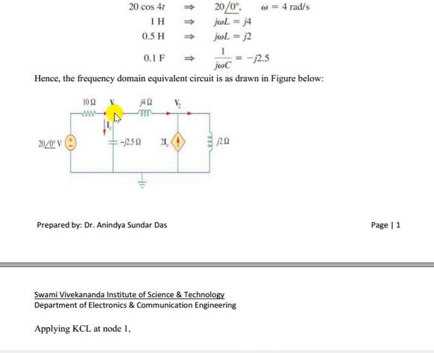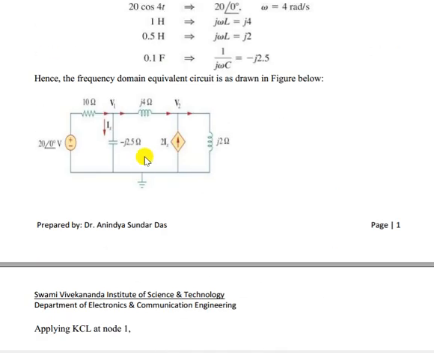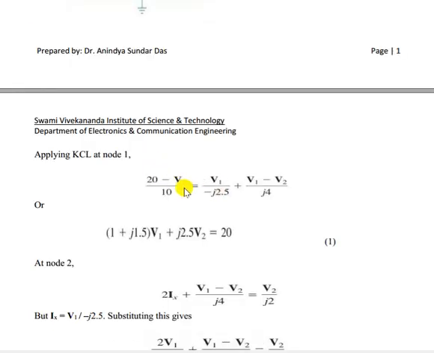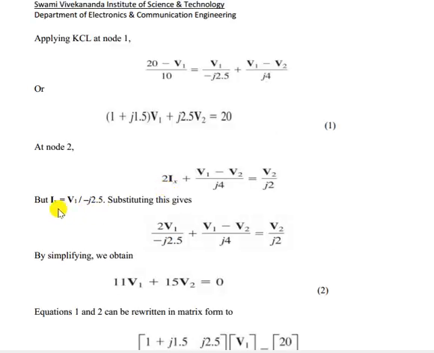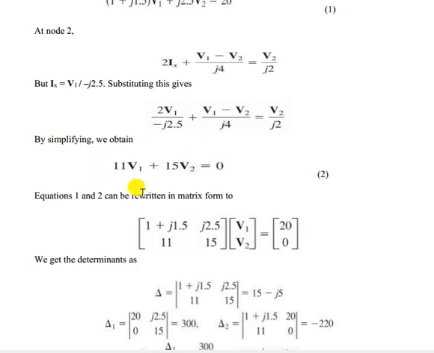So Ix equals what? Nothing but V1 minus 0 divided by minus j2.5 ohm. Basically we are applying Ohm's law to find the current value, where the impedance values are nothing but the reactances of the inductor and capacitor. So we got Ix equal to V1 divided by minus j2.5, which we put here, and we get this expression. If you solve, you will get this one.